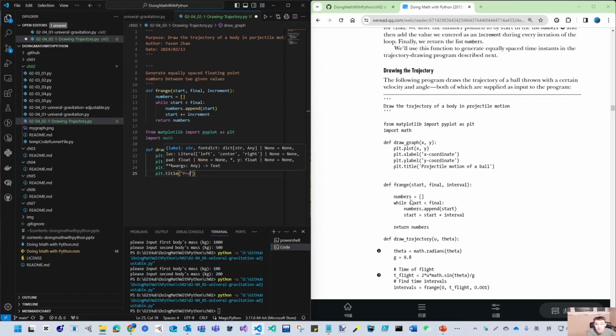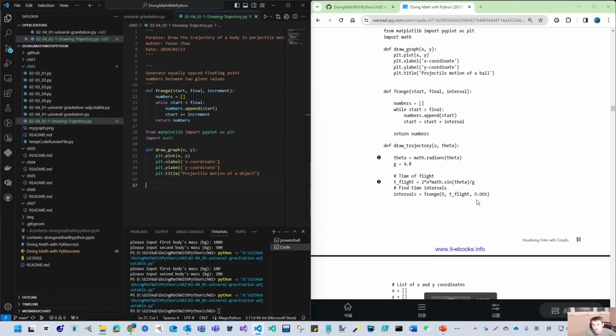So the title: projectile motion of our, maybe not a ball, so just our object. We don't define that this must be a ball, so you should not use any specific name. And we have this draw trajectory.